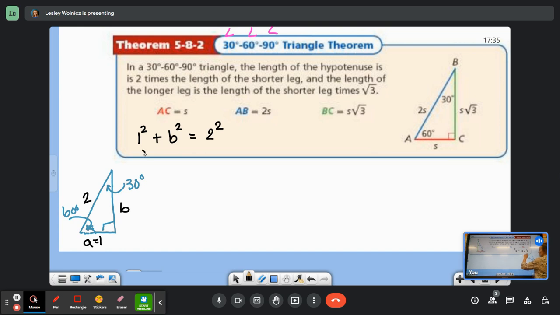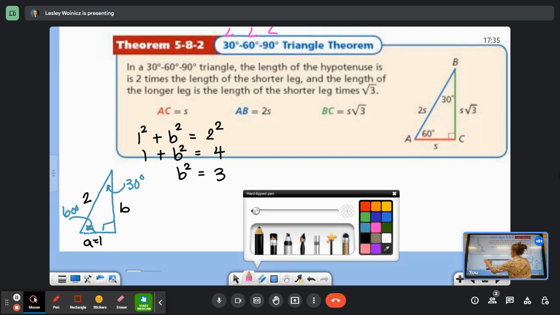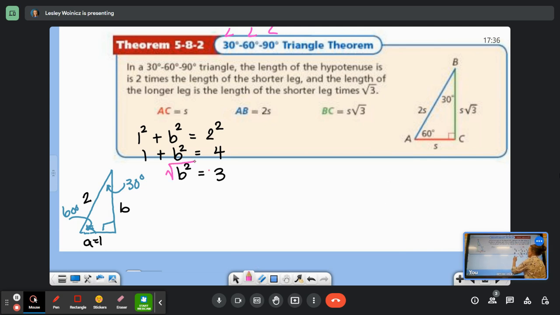Well, 1 squared is 1, B squared is B squared, and 2 squared is 4. I subtract 1 from both sides, and I get that B squared is 3. To find B, I take the square root. I have plus or minus, but I want the length, so I only care about the positive one. So B is the square root of 3.